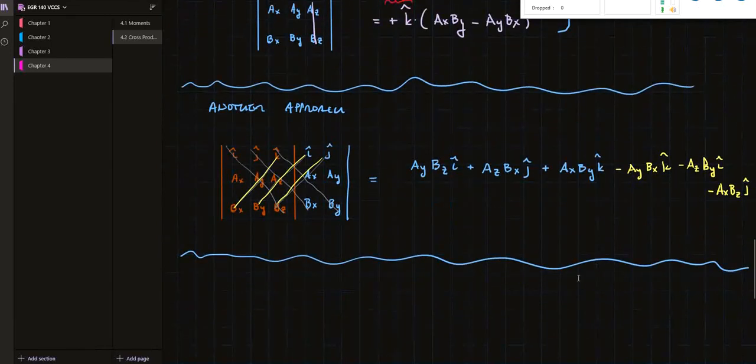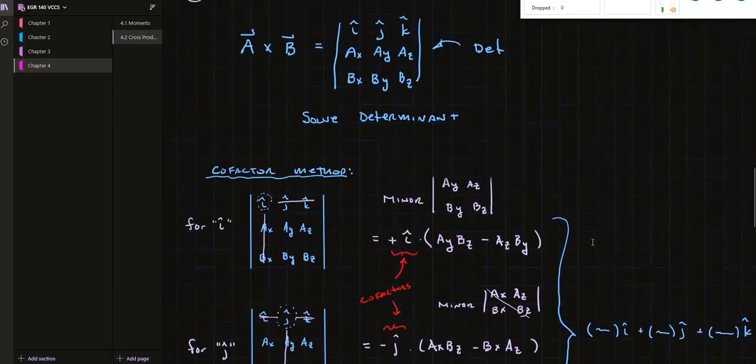As a final note, if you're going to use the cofactor method, remember this matrix. Let's just call it REM for remember. It doesn't really mean anything.